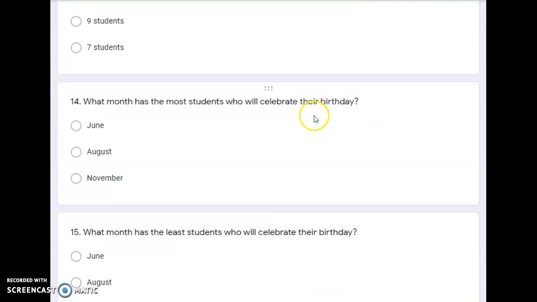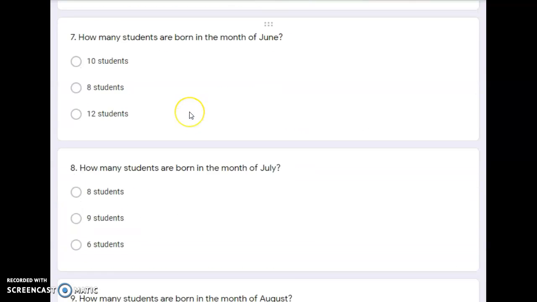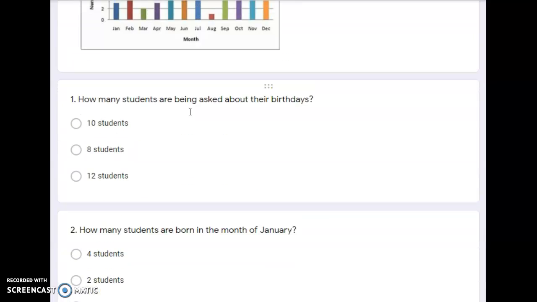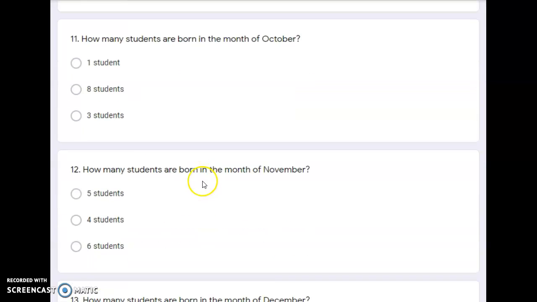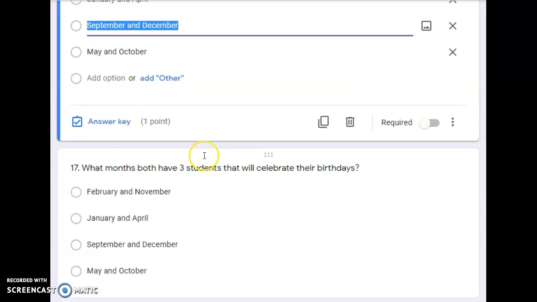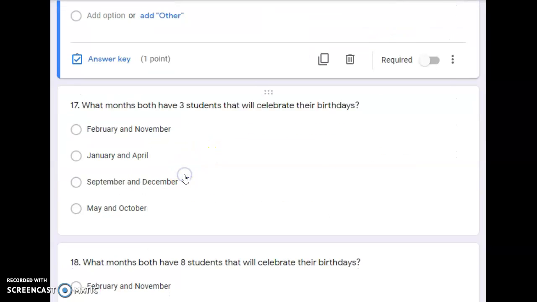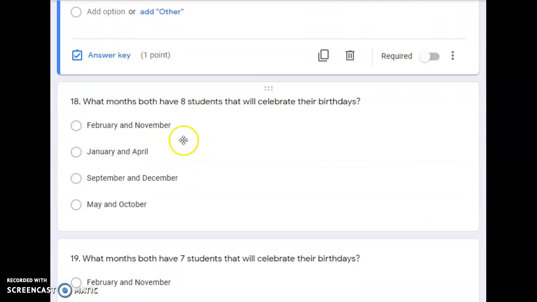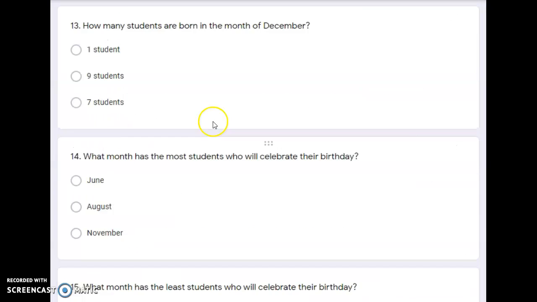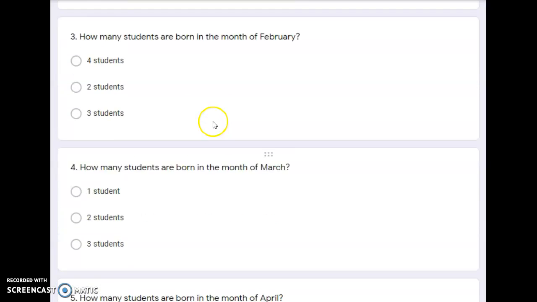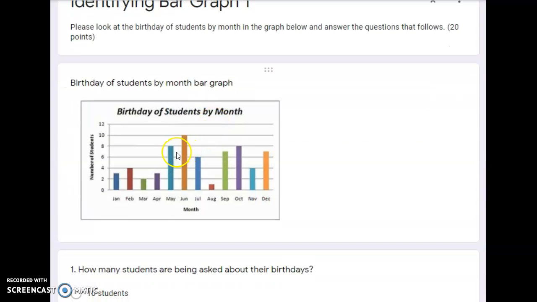What months both have 3 students that will celebrate their birthday? So what months that has 3 students? So if you go back here, so here 3. So what number is January and April? January and April. So what month both have 8 students that will celebrate their birthday? So what one has 8?